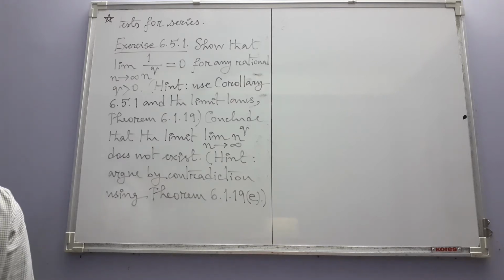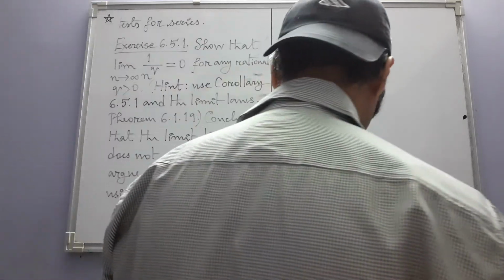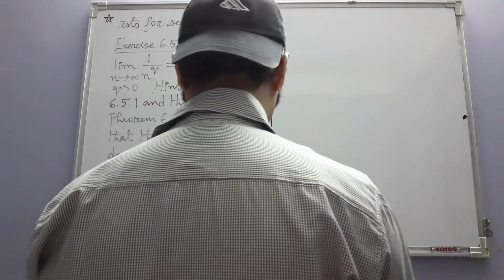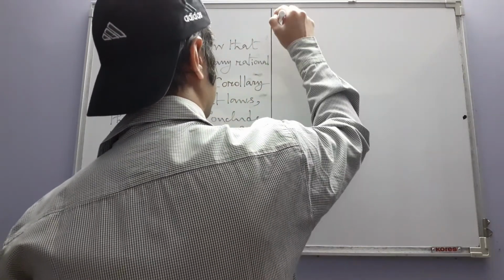The first limit is quite easy. It's just an application of the things we have already found. So it's straightforward.